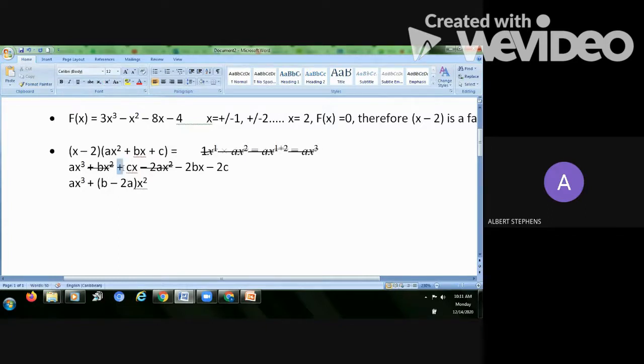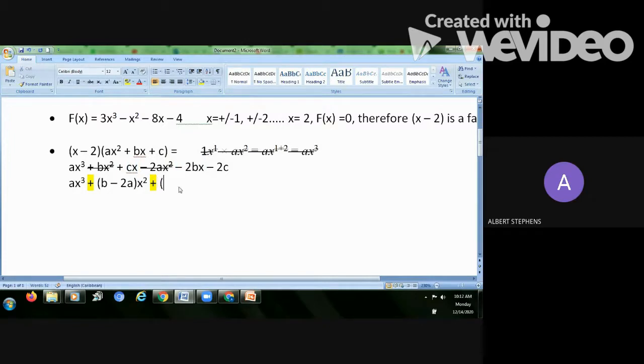Now we're gonna group the x's. So you always put a plus between these. Then I'm gonna put cx and -2bx.